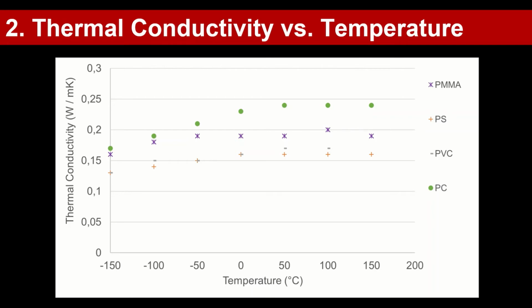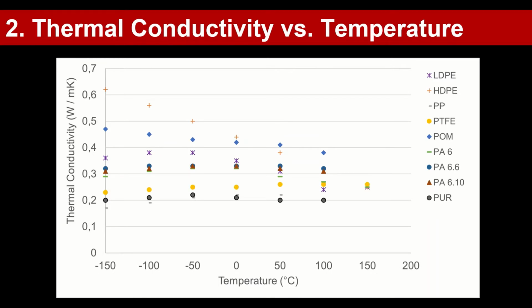So it's not so much change, it's more the change in the lower temperature area. And this you can also see well with polycarbonate. It starts at a similar level at minus 150 as PMMA, and then it increases much more strongly towards room temperature, and at higher temperature the level is at almost 0.25 watt per meter Kelvin.